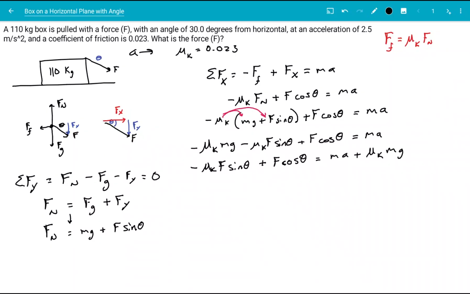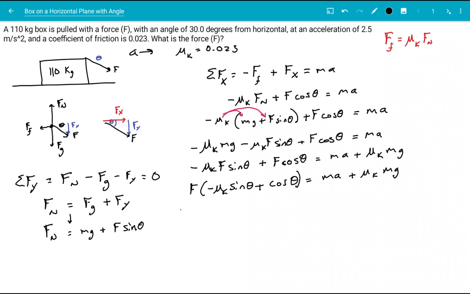So I move that from the left to the right. Now we can factor out the force. So we're going to have F times minus mu k sine theta plus cosine theta equals ma plus mu k mg. So let's put a parenthesis. We can move the quantity on the left and have the force all by itself.